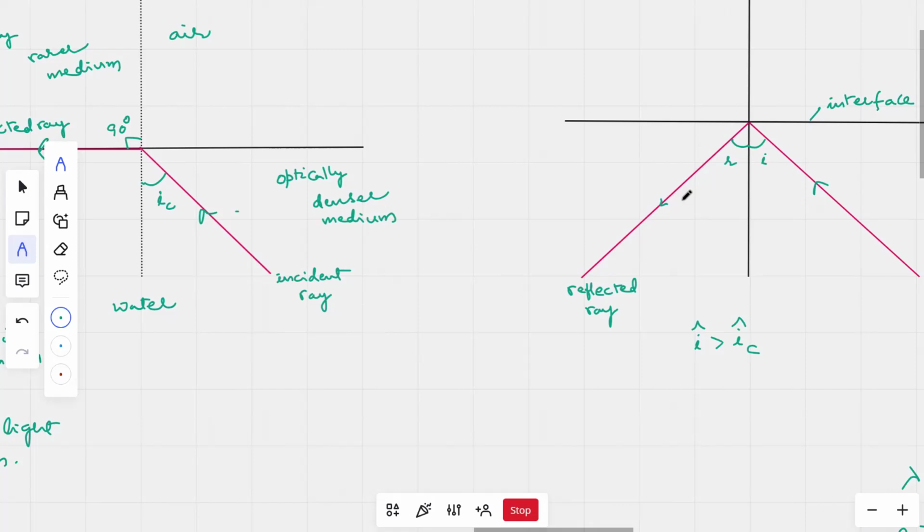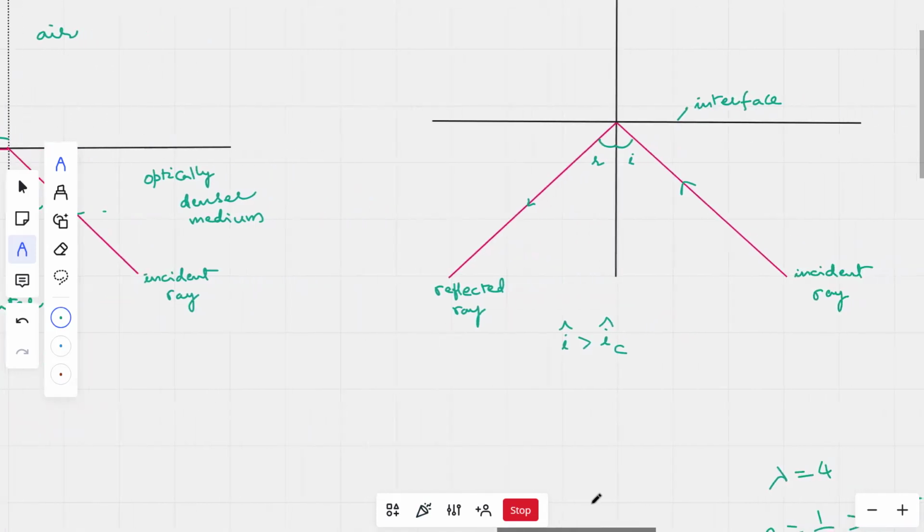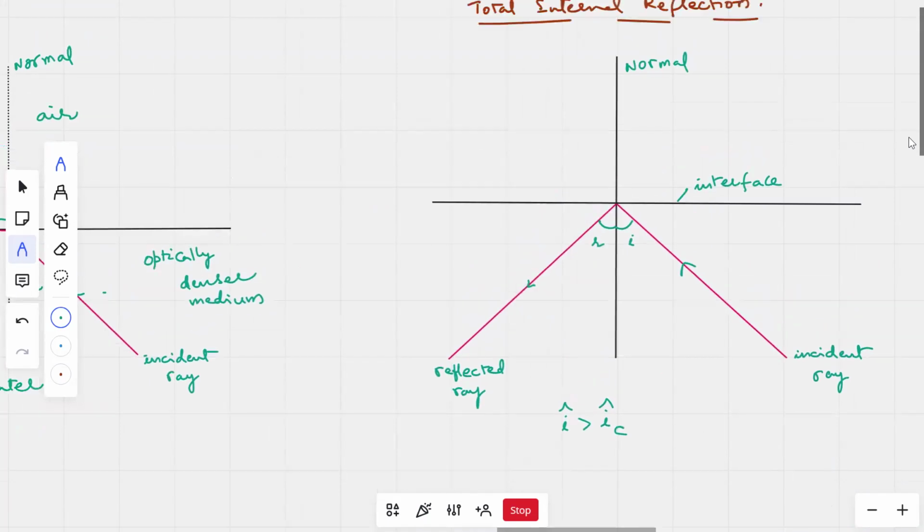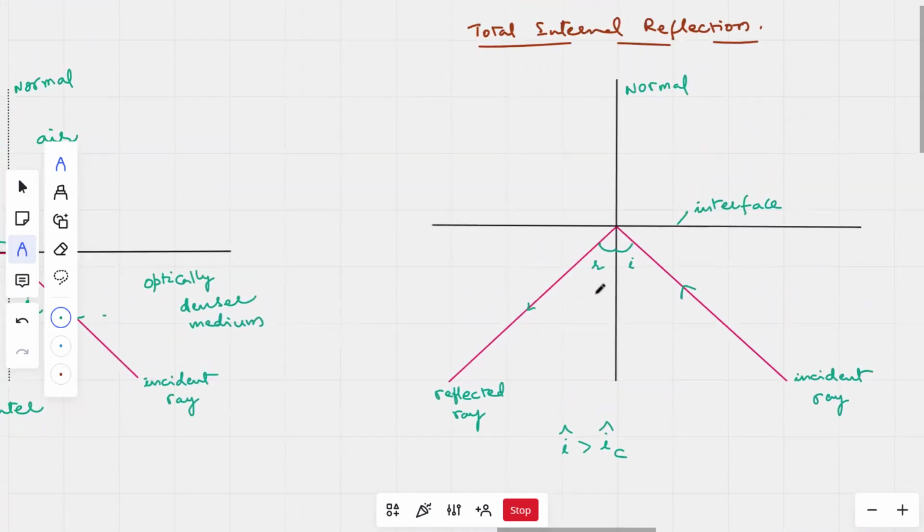Instead, reflection takes place. That means the light ray bounces back to the same surface, same medium. Okay. So this is the reflection of the light ray. It is not the refraction, it is the reflection. And this is normal reflection. No difference at all between the normal reflection and this one. So this reflected ray obeys all the laws of reflection.